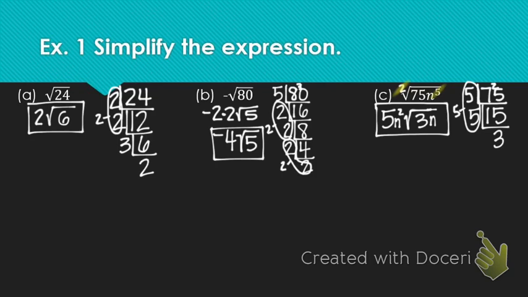Now, for my visual learners, let me show you why 2 n's came out. If I were to put n to the fifth back underneath a radical, and I were to expand it, it would be n times n times n times n times n. Correct? I've got 5 n's. Now, it's all about pairs, right? So you've got a pair of n's here, and you've got a pair of n's here. Those pairs become what? One of that thing. One of that variable, one of that number. So this pair of n's becomes an n. This pair of n's becomes an n.